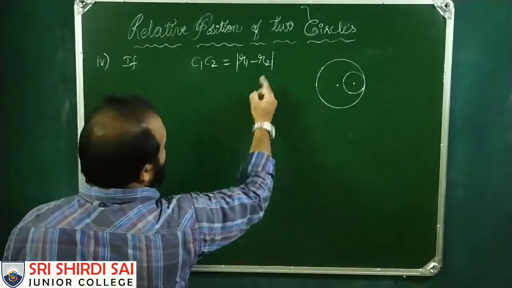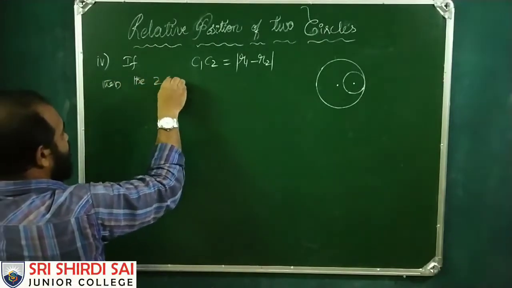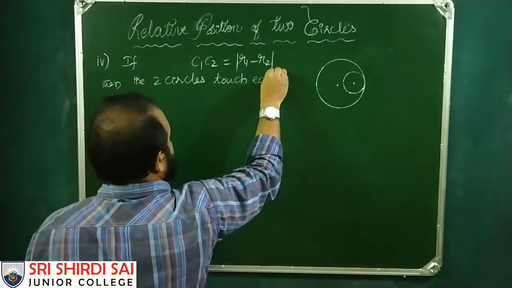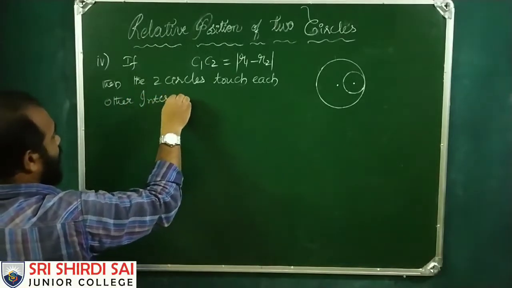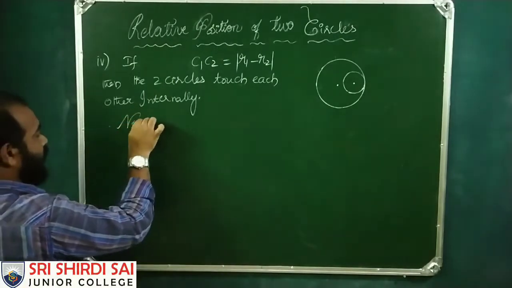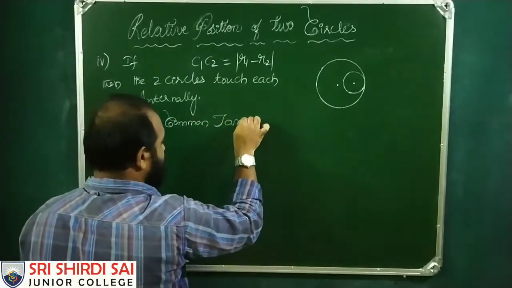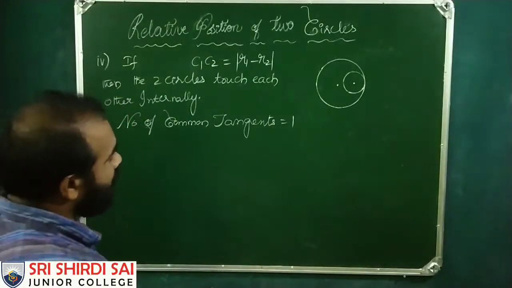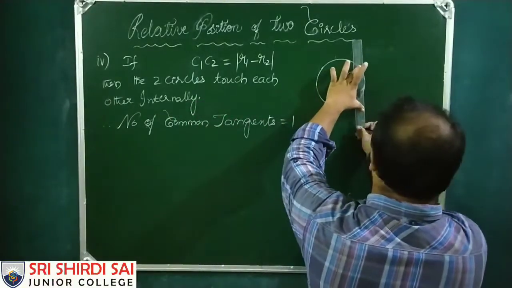If C1 C2 is equal to R1 minus R2, then the two circles touch each other internally. Therefore the number of common tangents is equal to 1. So this is that direct common tangent.